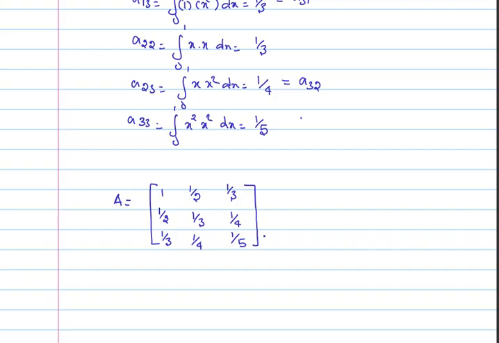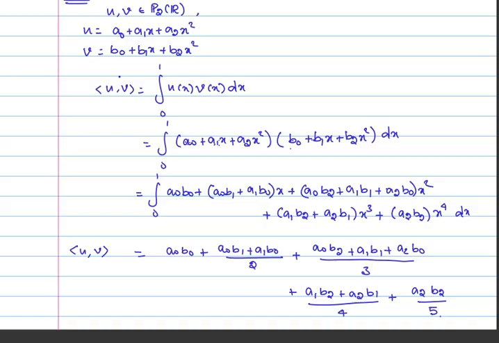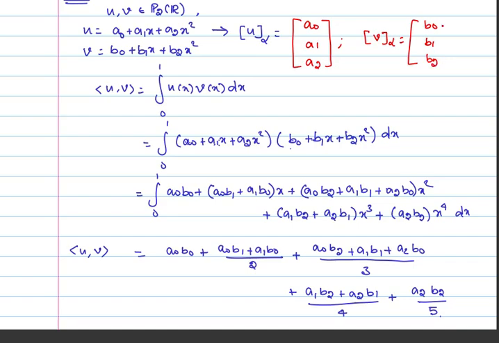This is the matrix A. Now, what is the coordinate vector of U? The coordinate vector of U, alpha, is equal to A0, A1 and A2. Similarly, the coordinate vector of V is B0, B1, B2.